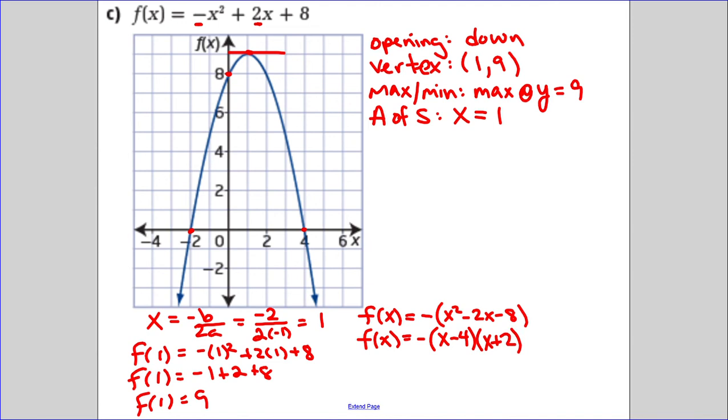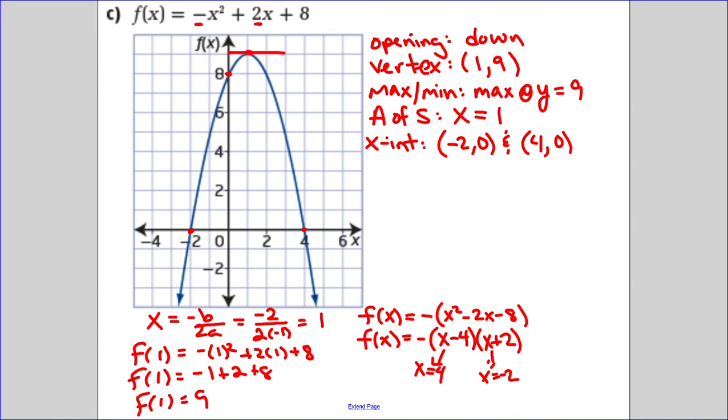And I can see here that the graph does open down because my a value is negative, but also the zeros here are x equals 4 and x equals negative 2, which is just what we were thinking. So the x-intercepts look like they are negative 2, 0 and 4, 0.